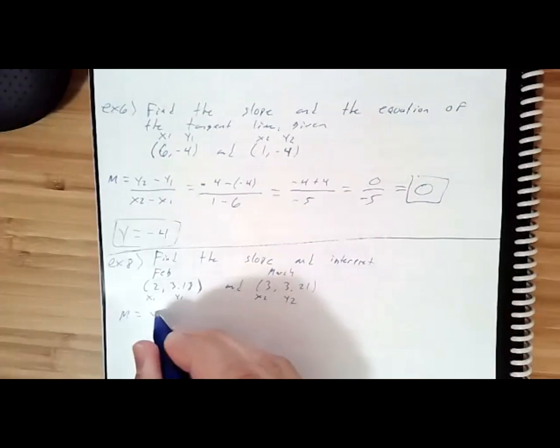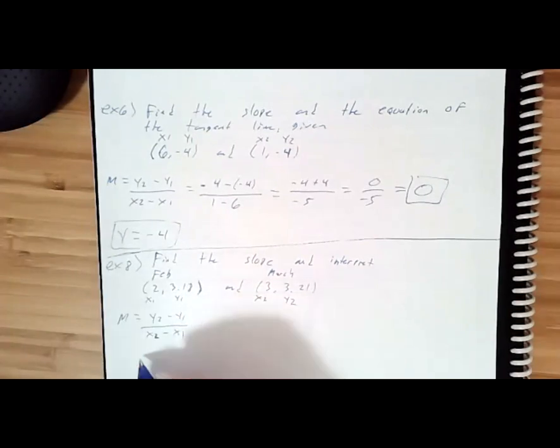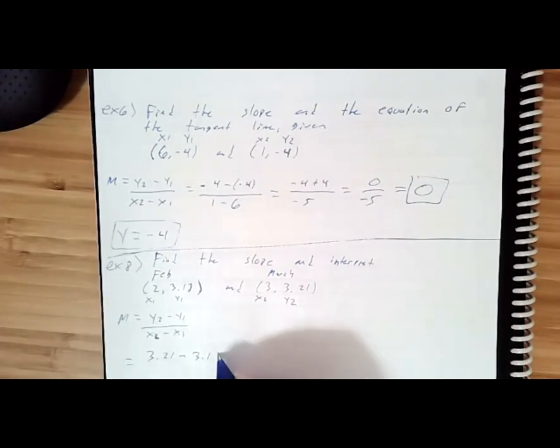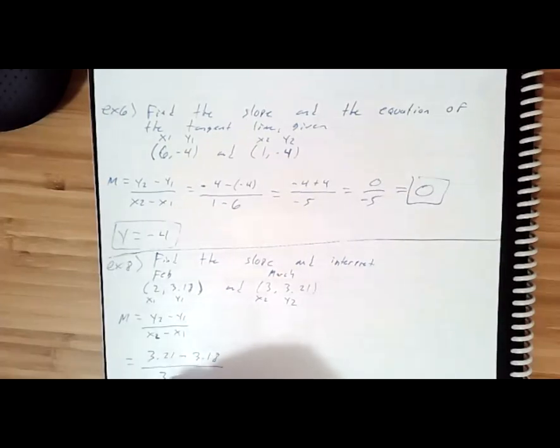So the slope is equal to y2 minus y1 over x2 minus x1, which is equal to 3.21 minus 3.18 over 3 minus 2.